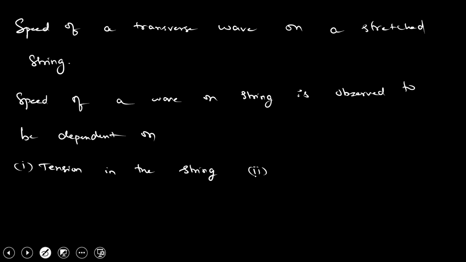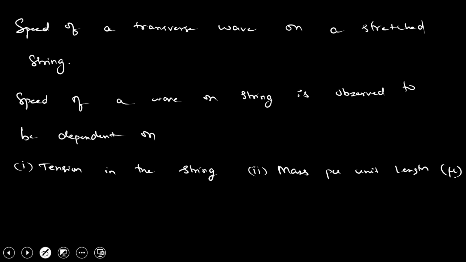The second part is the mass per unit length of the string, which is mu. This mass per unit length is also called linear mass density.